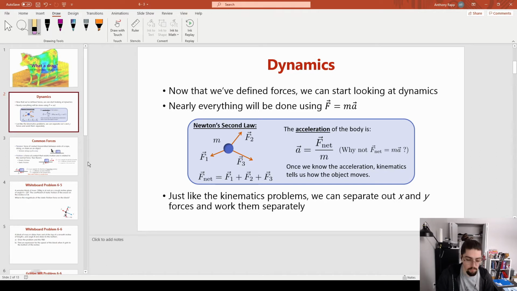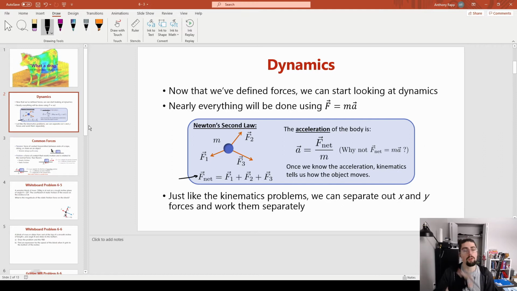But our general gist from this is, if I have some sort of object, and I have a lot of different forces acting on that object, I can sum up all of those forces into one vector that I call the net force. And if I take that net force and divide it by the mass, I can find the acceleration of my object.